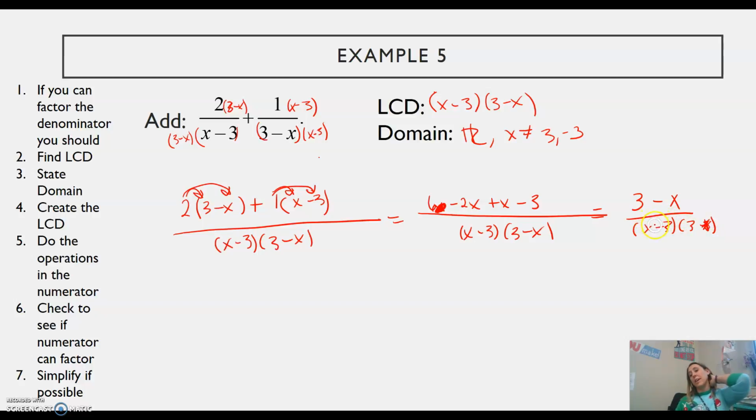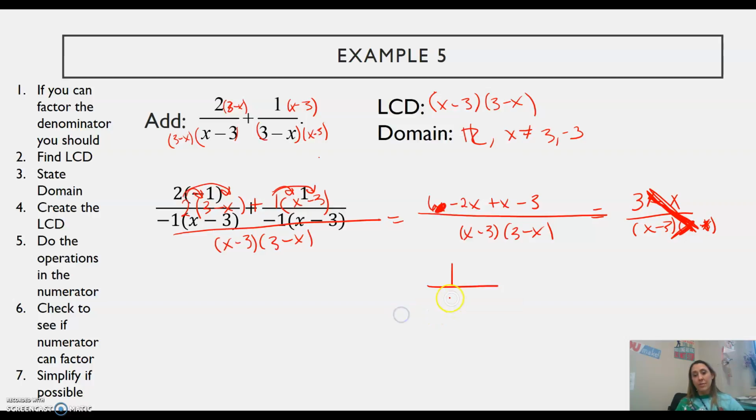Then we need to find something that's exactly the same on the top and the bottom, which these are exactly the same on the top and the bottom. And we end up with 1 over x minus 3. So that would be our final answer.